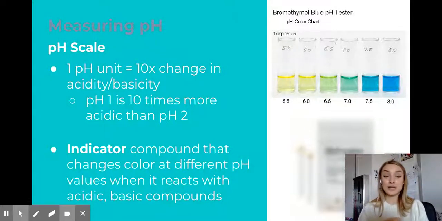So that's pretty crazy. If we go up one number on the pH scale, we're decreasing our acidity or increasing our basicity, depending on which end of the pH scale we're on, by a factor of 10.